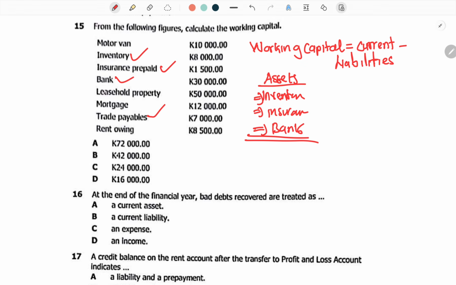No, these are non-current assets. Rent owing, of course. So rent owing and trade payables, you would put them here. So you get your rent payables, and you also get your trade payables.